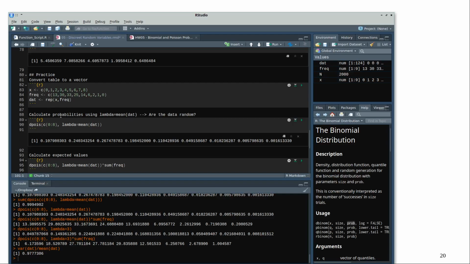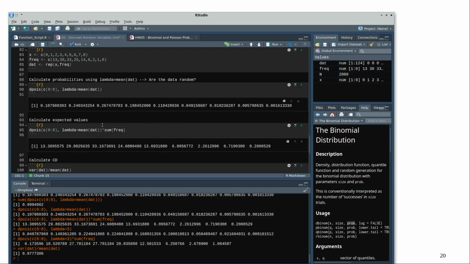So the first step was to calculate the probabilities using lambda equals the mean of my data vector. This would ask the question, or test the hypothesis, are the data random? So I generate my dpois values, my probabilities, using this function. And then I calculated the expected value by using the same function and multiplying by the sum of the frequencies.